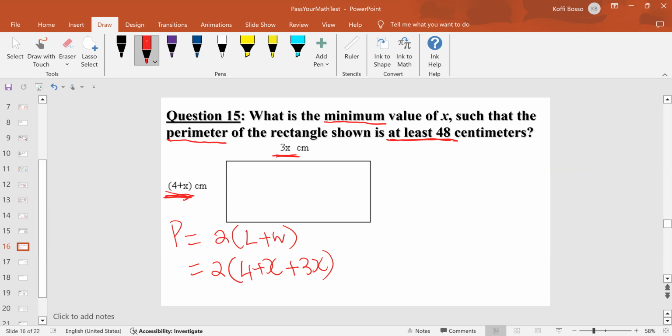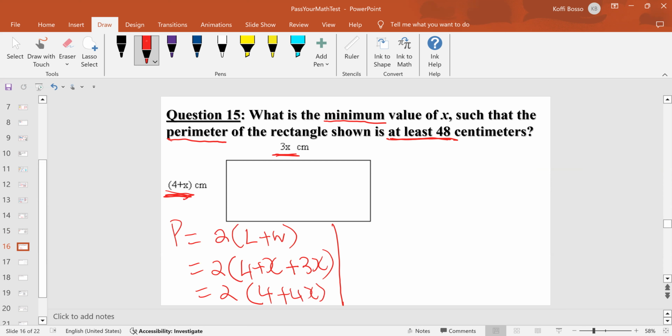It's the same thing if we take the 3x added to 4 plus x. Now this will be 2 parentheses. Inside, we can combine like terms, so you're going to have 4 plus 4x. Now if you multiply this by 2, because we have to distribute, you're going to have P equals 8 plus 8x.